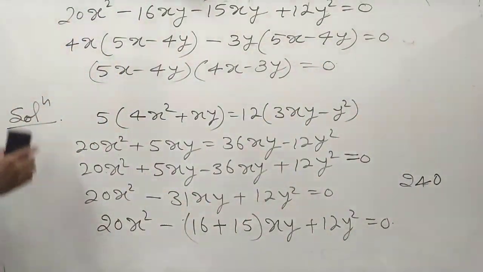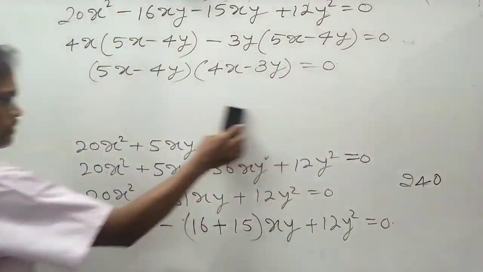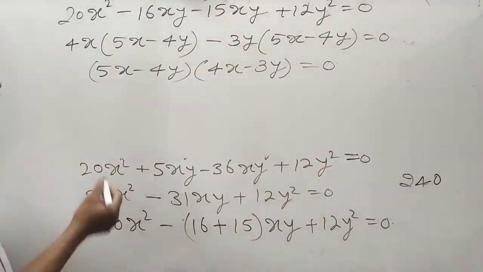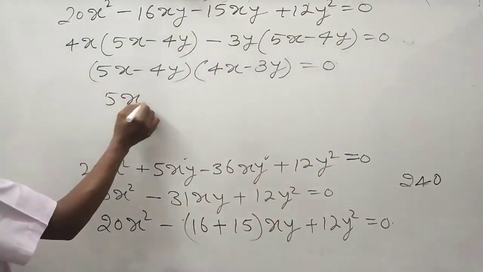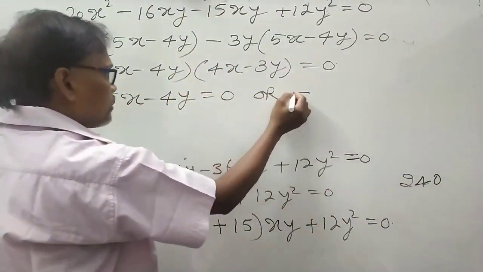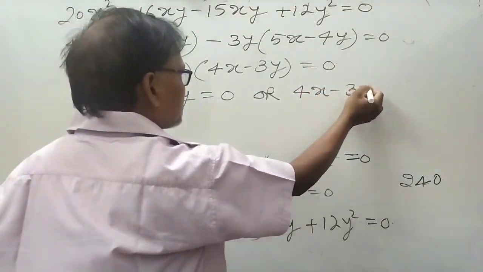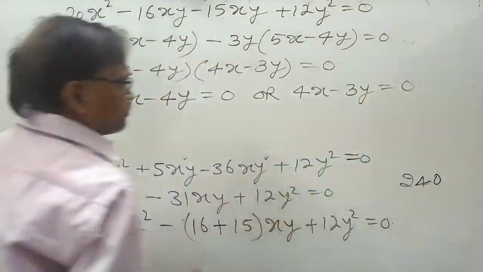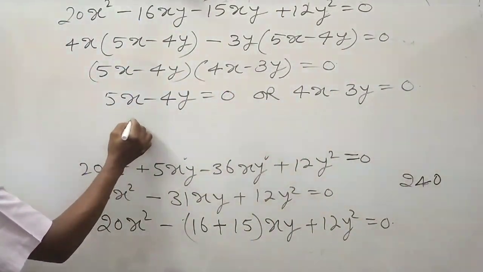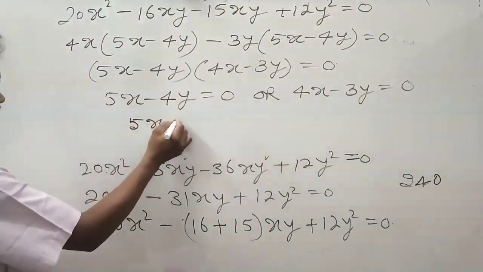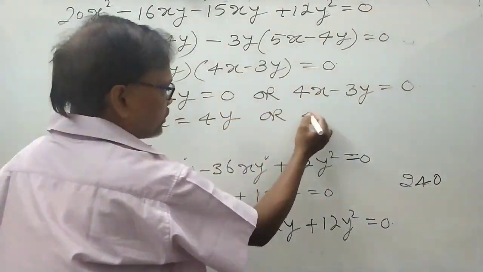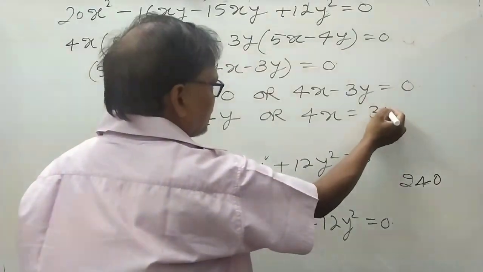After getting these two factors, 5x minus 4y is equal to 0 or 4x minus 3y is equal to 0. From the first equation you get 5x is equal to 4y, or from the second equation 4x is equal to 3y.